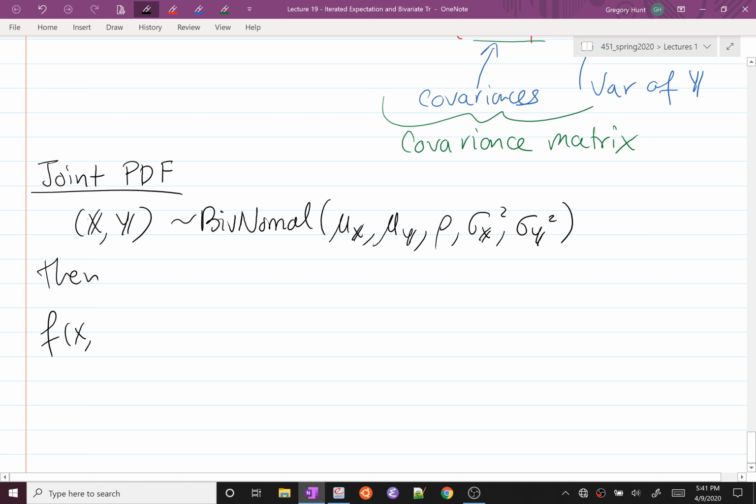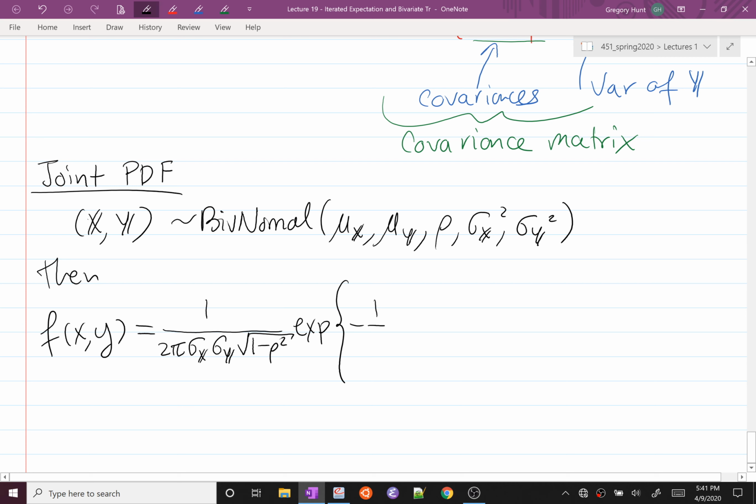The joint PDF, f of x y, takes the following form. This is a long expression. 1 over 2 pi sigma x, sigma y, square root of 1 minus rho squared, times the exponential, and in my exponential argument is all of the following.